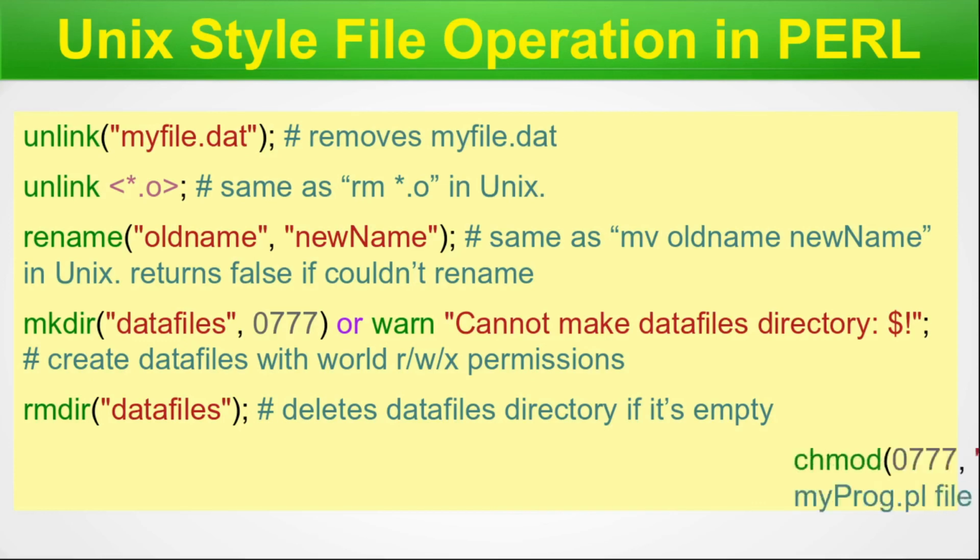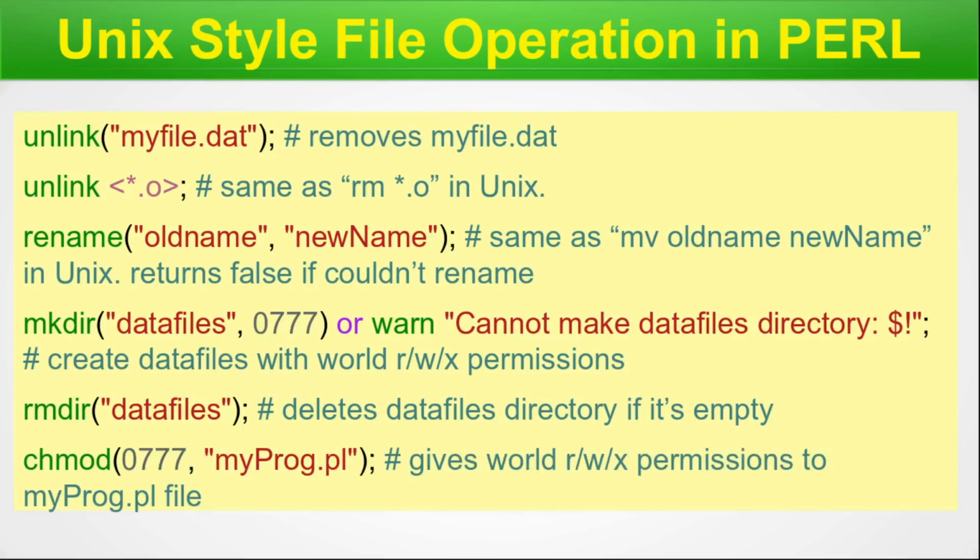And chmod, then the permission number, and then the program file, can give a permission. Say you are creating some kind of executable files and you want to change their permission to executable and run them. So all these things will help you with file operations, whether directly opening a file or dealing with files in automation in Perl. So I think we are done with these slides. Let's move on.